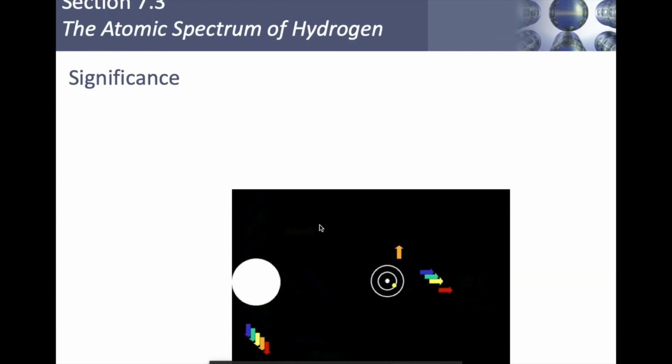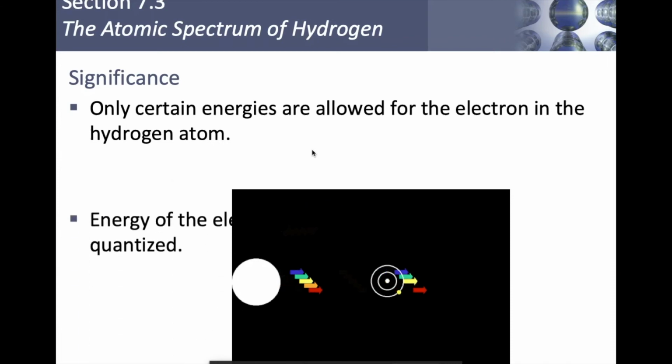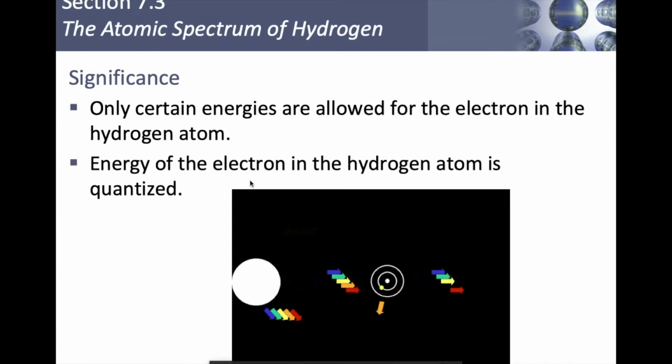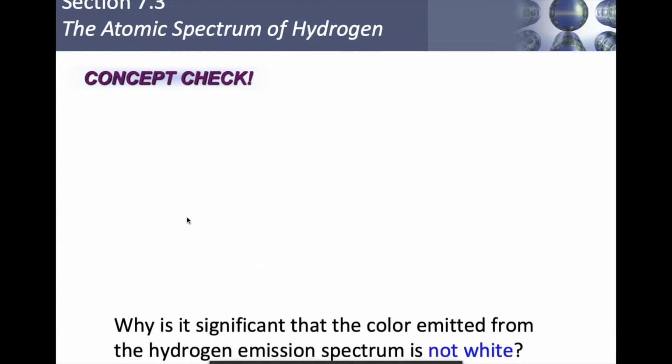Now notice orange is not even a part of the spectrum of hydrogen at all, but only certain energies are allowed for the electron in a hydrogen atom, which sounds an awful lot like quanta, right? E equals h times nu, that whole thing. And so energy for electrons in a hydrogen atom is quantized, meaning, again, only particular frequencies are allowed to be absorbed.